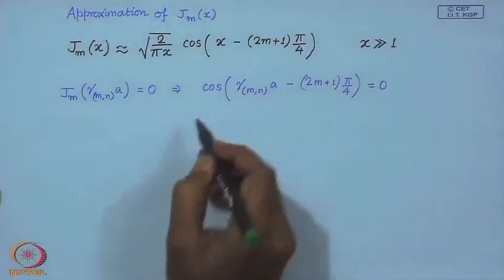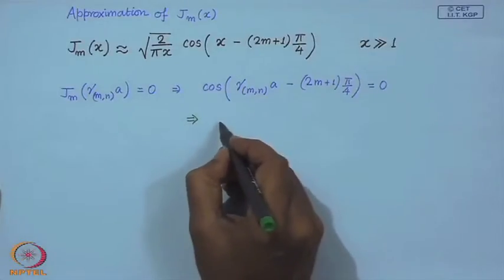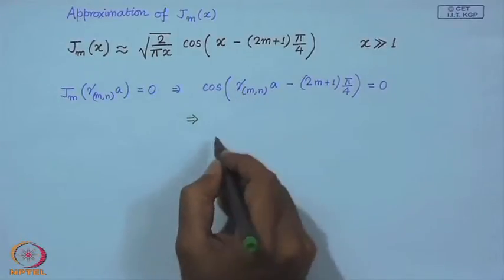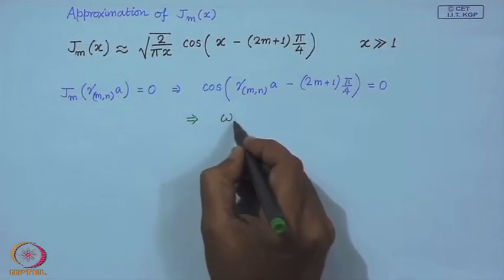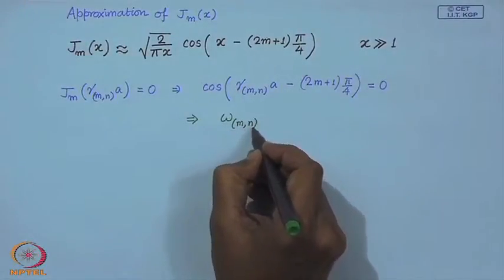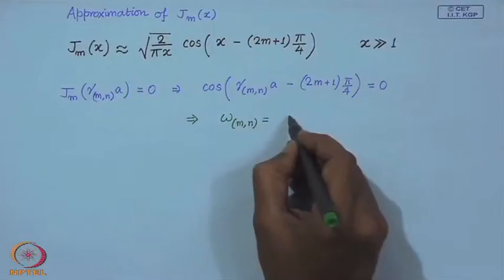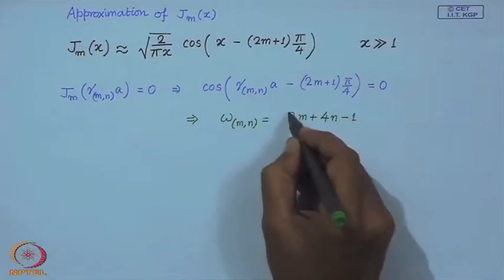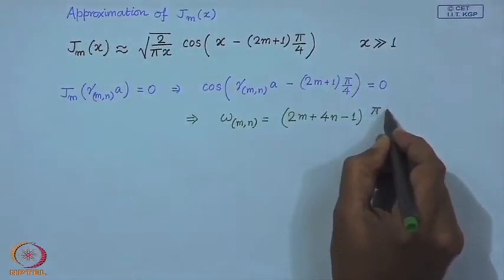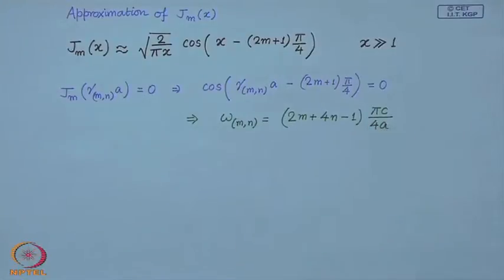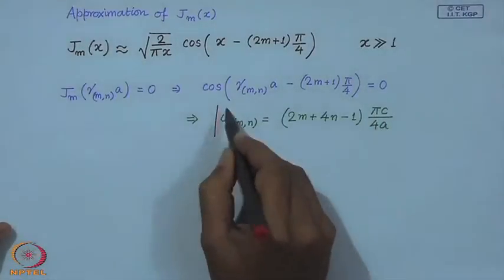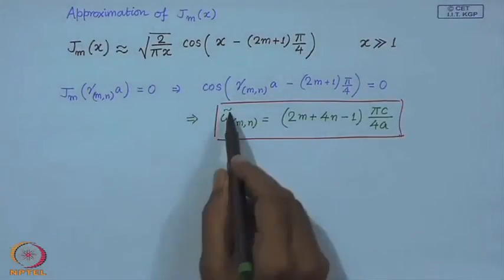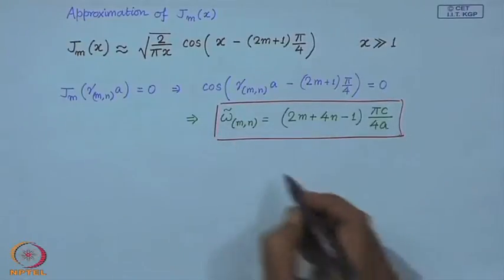Now, this gives us, so if I write this as omega m n over c and write out, so this is an approximation. Let me put a tilde to denote that this is an approximation.